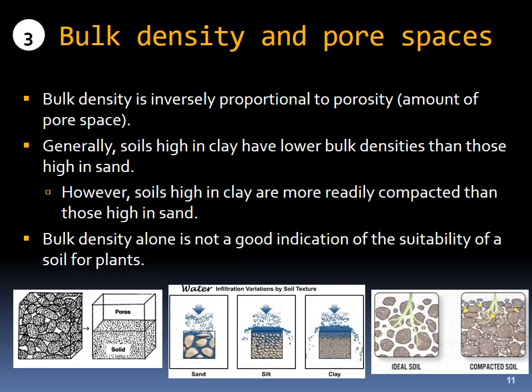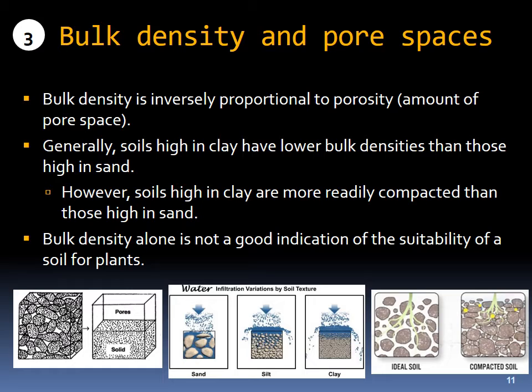Another thing to keep in mind is that if you compare, under normal conditions, sandy soil with silt and clay, as you see in the middle picture here, and you compare the water movement between them, you would see that the clay soil has lower water movement. Water takes a lot of time to get into the soil because of the small pore spaces, compared to a sandy soil where once you put the water, it just goes down.